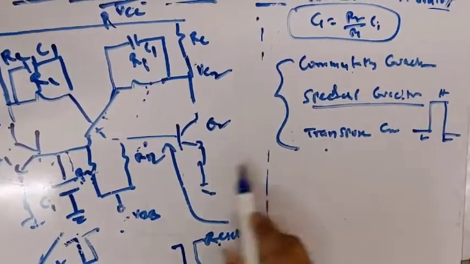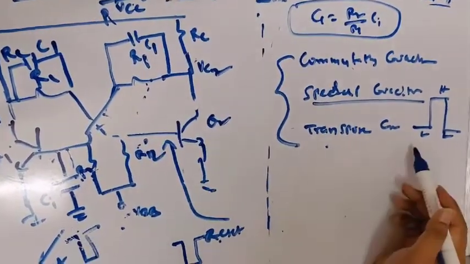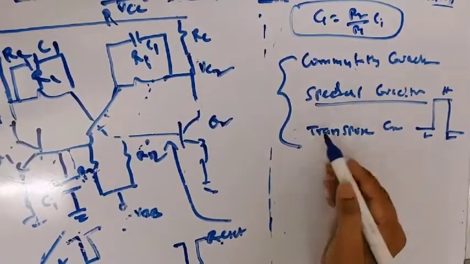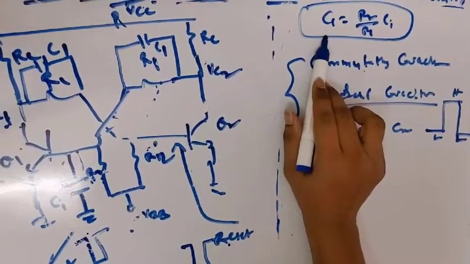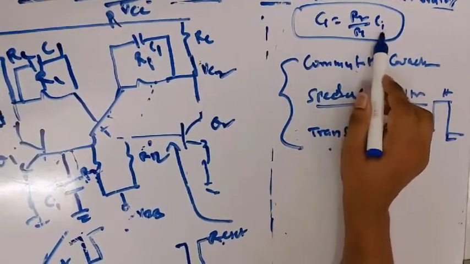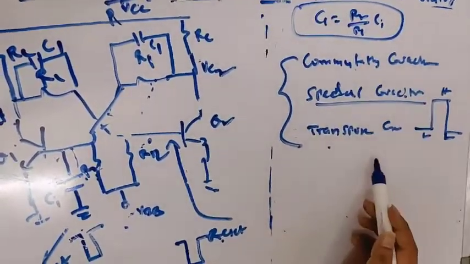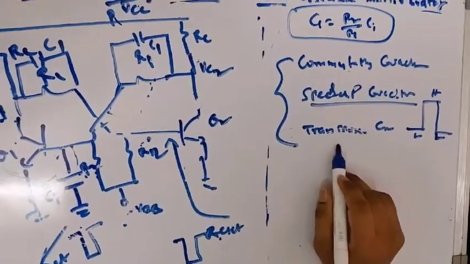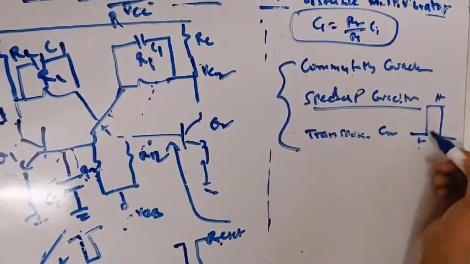These will reduce the effect of stray capacitances and increase the speed of operation. The value of these shunt capacitors will be selected such that it is equal to R2 divided by R1 into Ci. These capacitors allow fast rise and fall times.